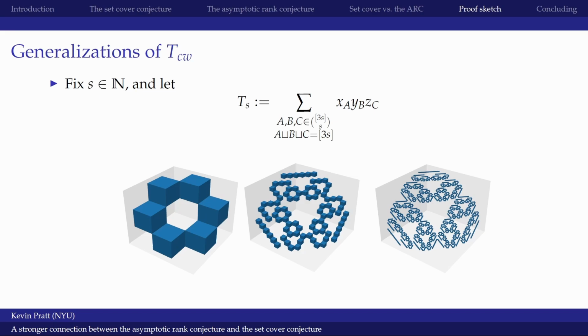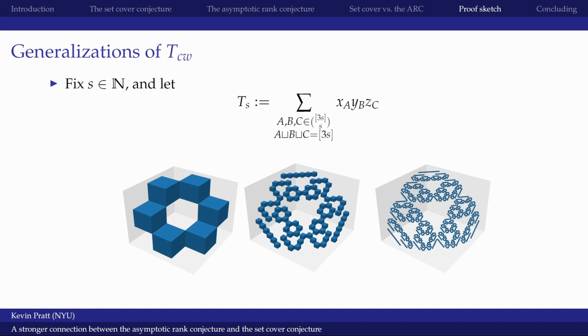So the way this will work is by assuming the asymptotic rank conjecture for the following family of tensors, which generalize the small Coppersmith-Winograd tensor and correspond to the balanced tripartitioning problem in a pretty obvious way.